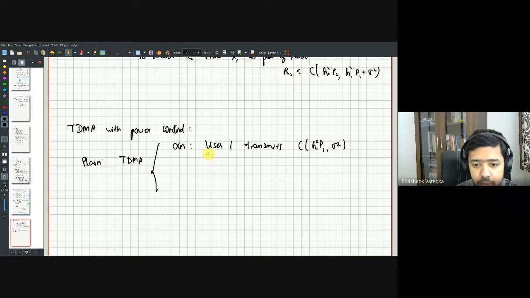And user 2 basically transmits 0, right?